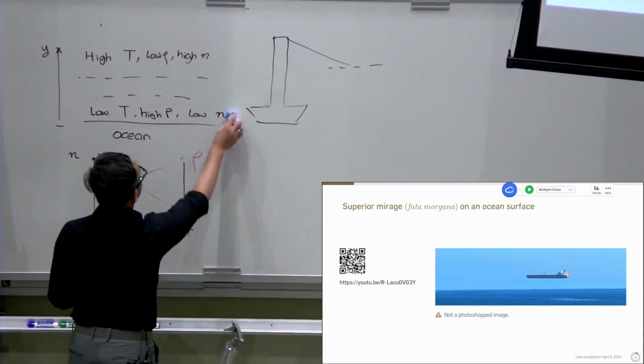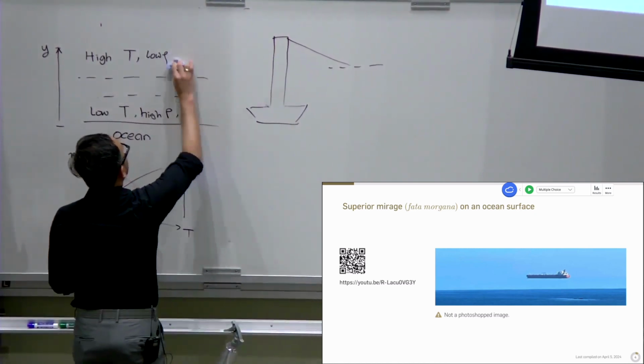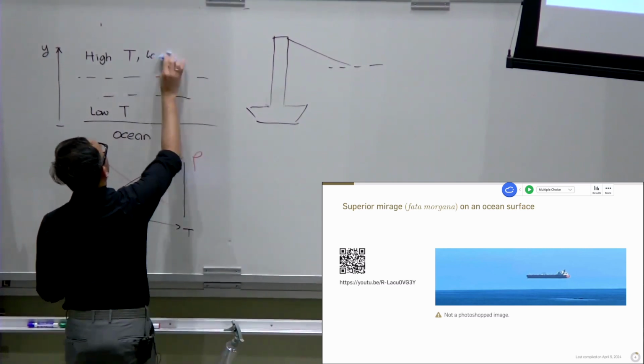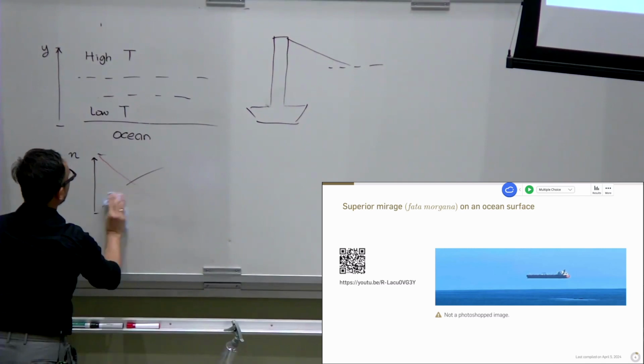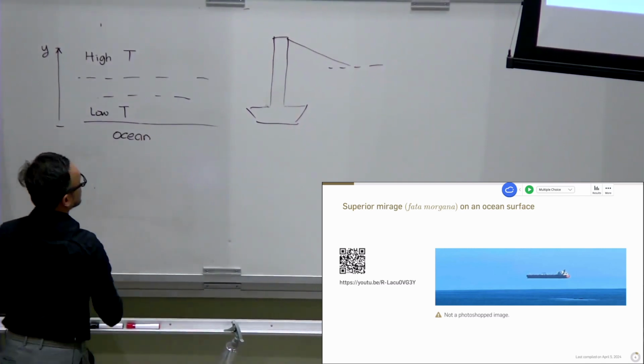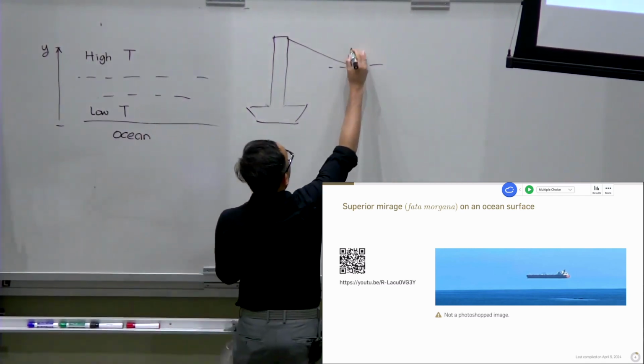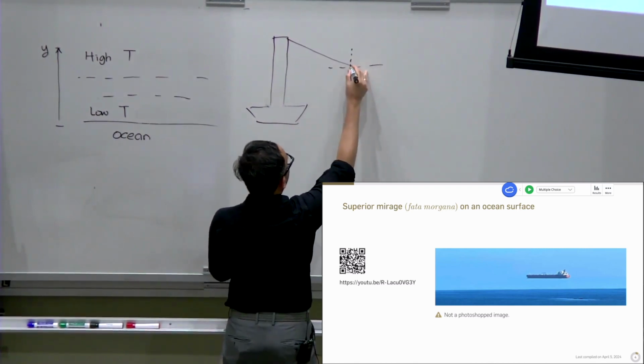I need to check about this. But basically there is a change of refractive index, and let's say there are only three layers.